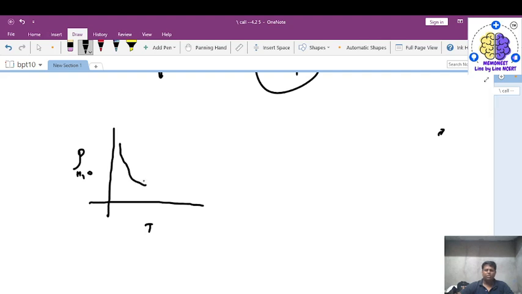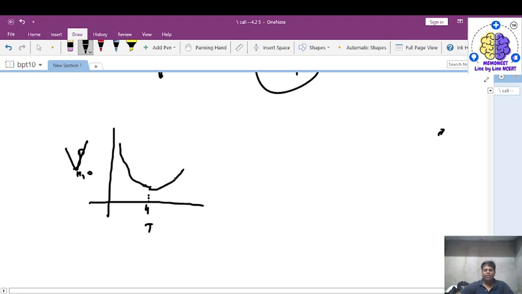No, sorry, it's the volume. The volume of water will drop, and as soon as the temperature reaches 4 degrees centigrade, it starts expanding, right? This is how the volume of the water is changing.